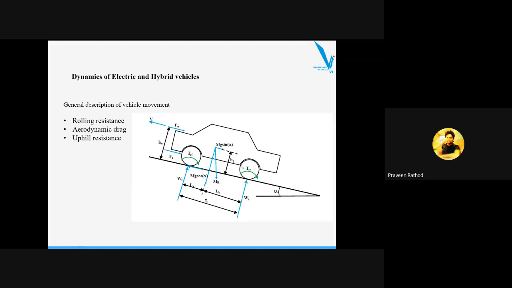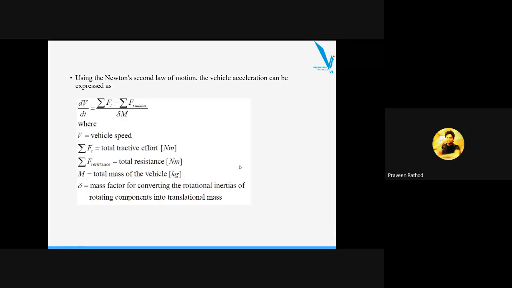When we are considering rolling resistance, I have written the equations using Newton's second law of motion, with acceleration expressed as the summation of Ft minus the summation of resistance, divided by delta m. This is the total resistance.